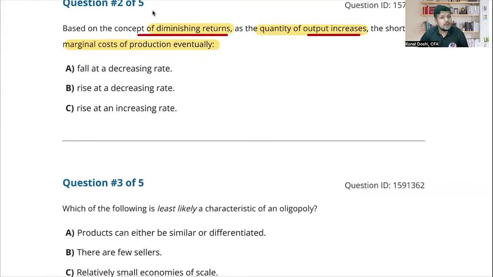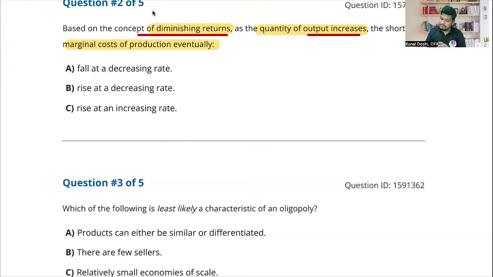When will this happen? When the costs are increasing, right? Your output is increasing, but your costs are also increasing. Ideally, if the costs are reducing, then your profit should increase, right? But they are saying your returns are diminishing even if you are producing more, and that is because your marginal cost is rising, correct?